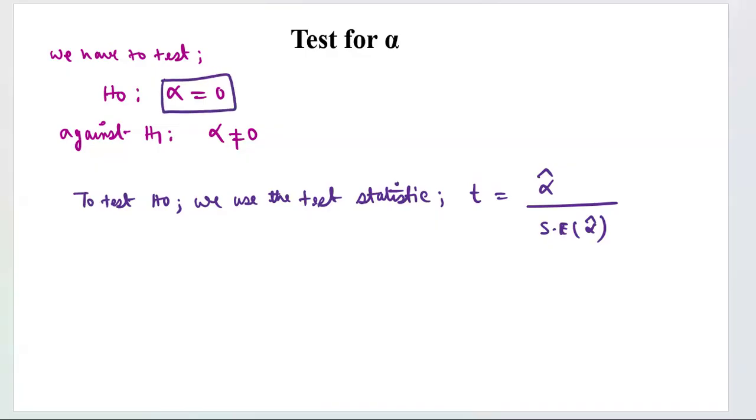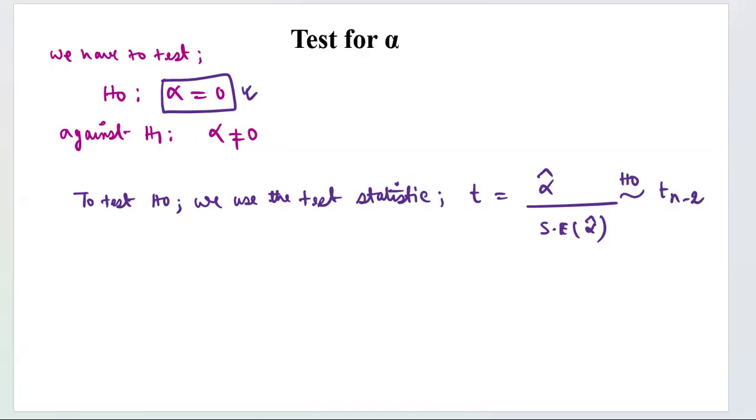So alpha cap minus alpha you need not write, because under H naught we compute the test statistic under H naught, and under H naught alpha is 0. You can mention it, but anyway it is 0. I haven't mentioned it before, so you may not write it. Under H naught, it will follow t with n minus 2 degrees of freedom, right?